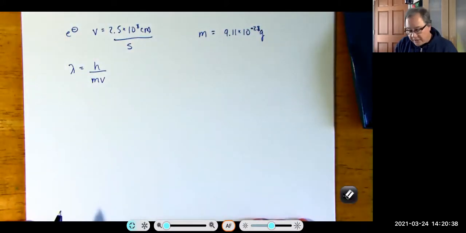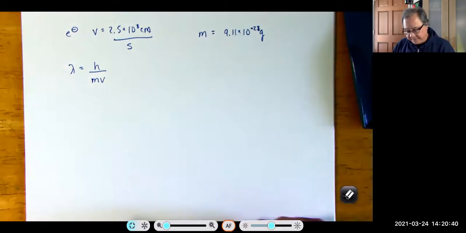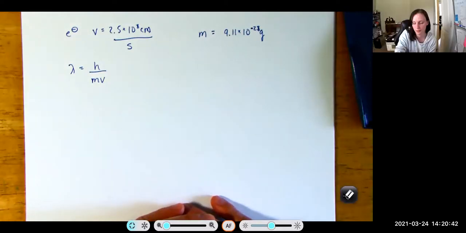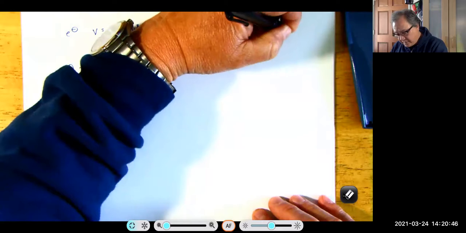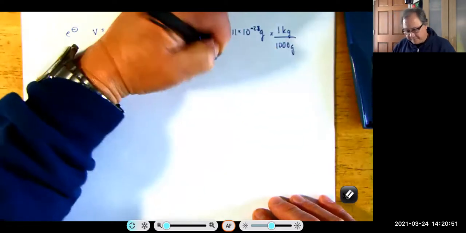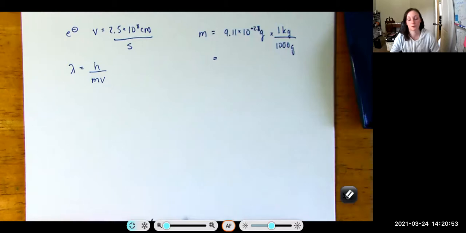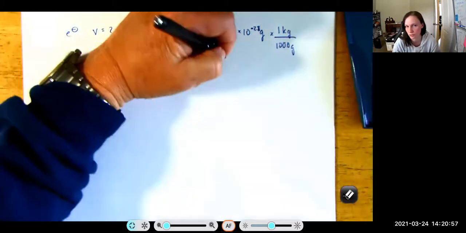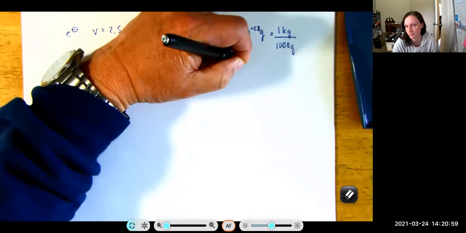Okay. So how do you change that into kilograms? Multiply it by 1 kilogram over 1,000 grams. Okay, and what do you get? 9.11 times 10 to the negative 25.